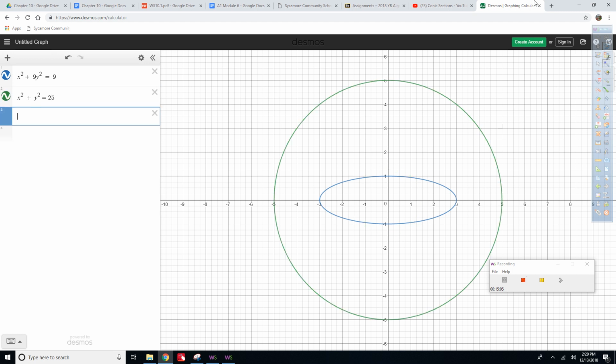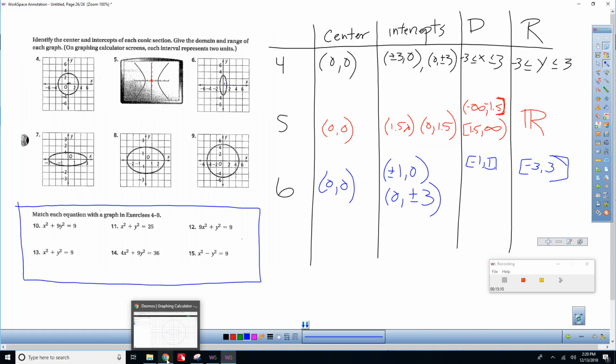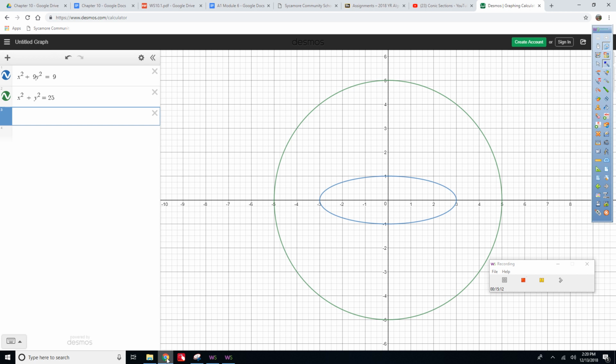And finally, 9x squared plus y squared equals 9. Oh, look, we've got some cool shapes developing here. So that's how you're going to do these. Just put them all down and match them. And that's enough to get you started with this chapter.